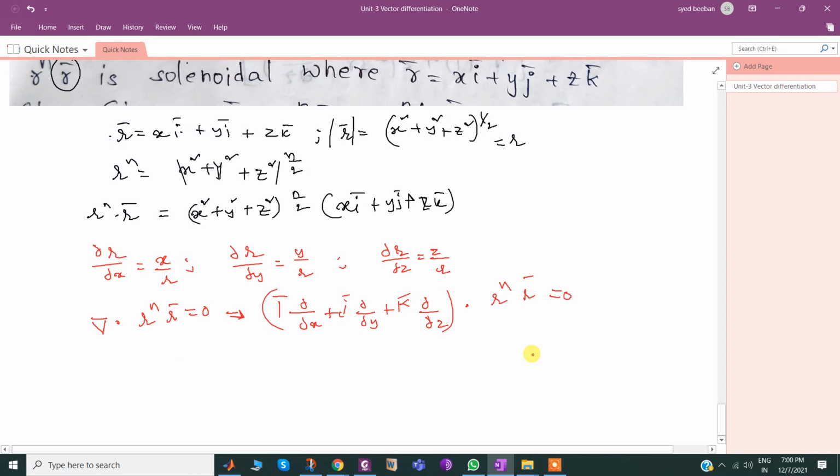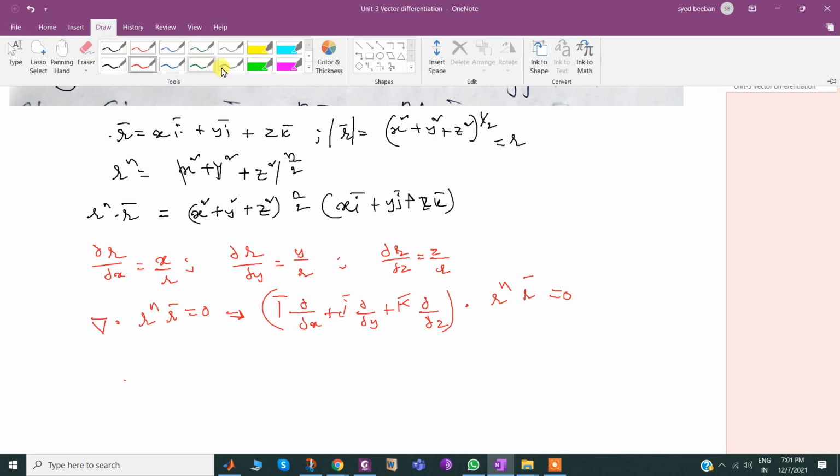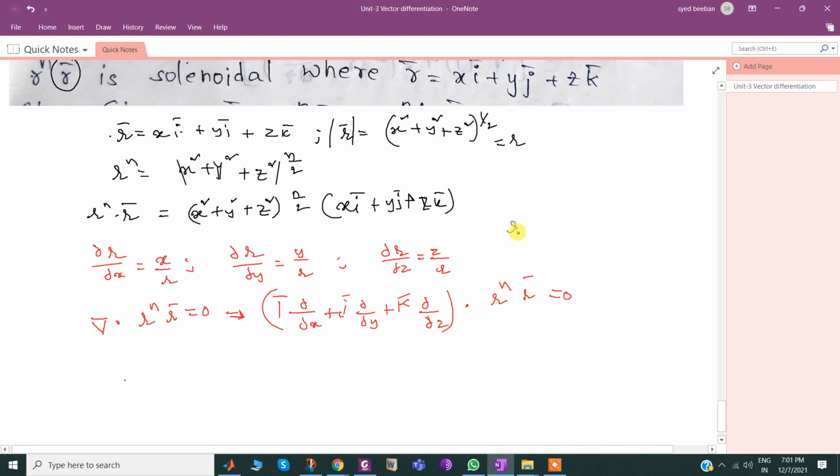Further, what is the coefficient of i bar on the right-hand side? Simply for my convenience let me write down here: r^n r bar equals r^n x i bar plus r^n y j bar plus r^n z k bar.